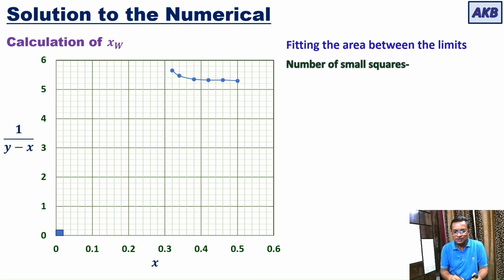The number of small squares to be fitted is 230, and the upper limit is known to us, XF. So I'll draw a vertical line at X equal to XF, that is 0.5.